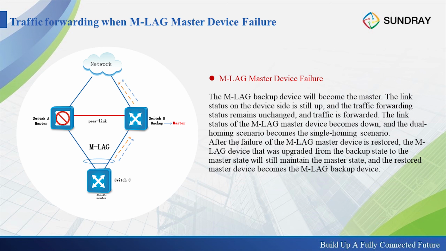The traffic is still forwarded, and the link status of the MLAG master device becomes down. After the failure of the MLAG master device is restored, the MLAG device that was upgraded from backup to master will still maintain the master state, and the restored device will become the MLAG backup device.